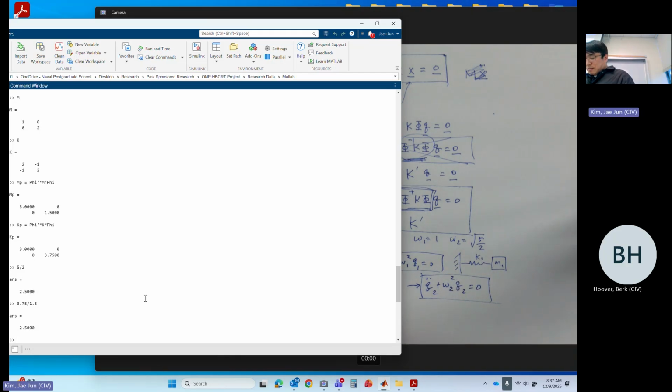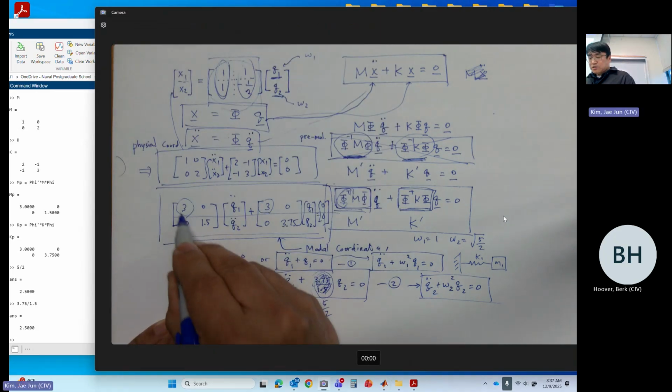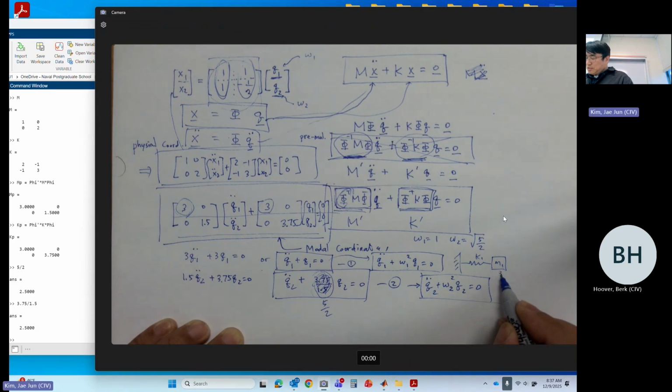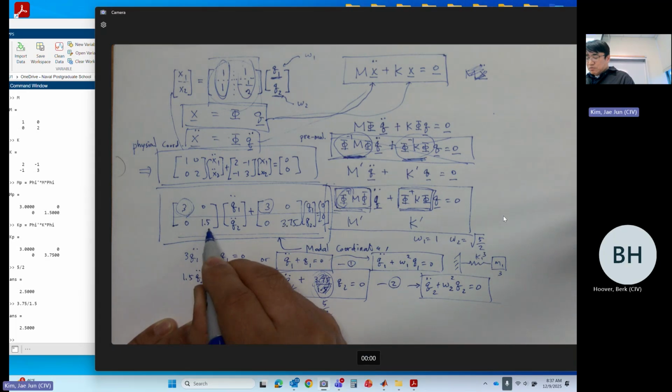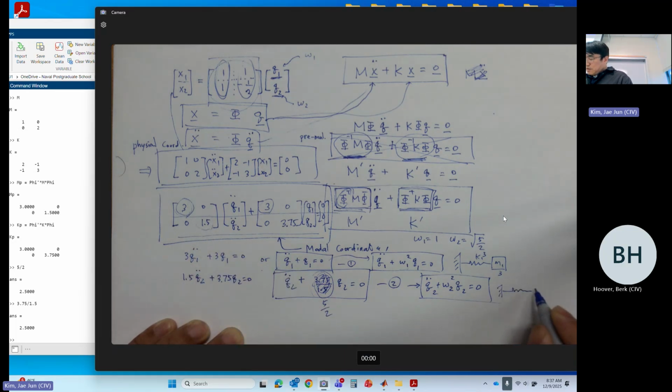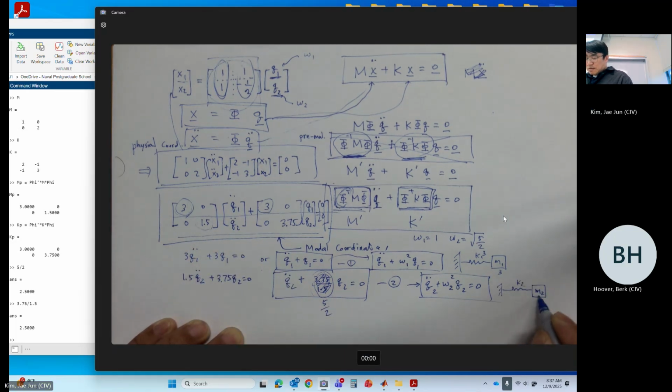So M1 is the modal mass 3, K1 is the modal stiffness 3, so that the natural frequency is square root of K over M. Same thing: this one has modal mass of 1.5 and modal stiffness of 3.75, so that it will have a natural frequency which is square root of 5 over 2.